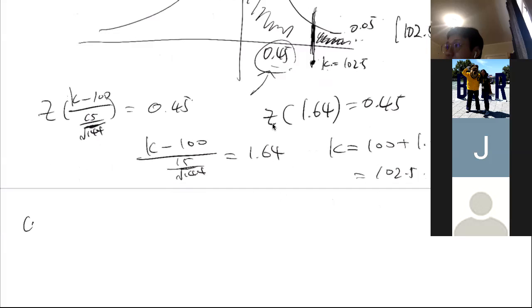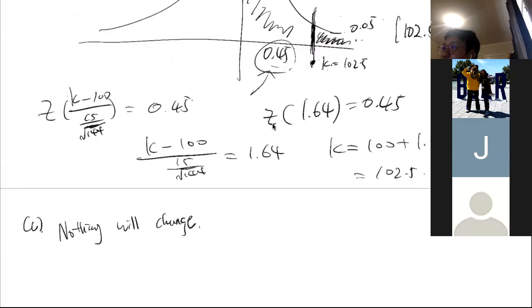And for part C, what, if anything, will change if you didn't know sigma, but you are given a sample standard deviation? So nothing will change. We don't change our calculation.